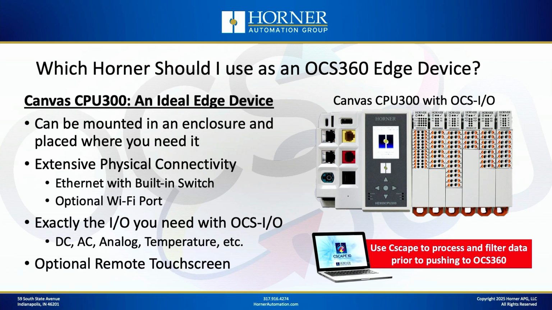And then one thing I want to talk about, and this applies not only, of course, to the CPU 300, but also to the X5 Prime on the previous slide, and that is they both can use Cscape to process and filter your data, your machine data, prior to pushing it to the cloud. So maybe with an existing cloud device or a third-party cloud device that's just designed for pushing data, it has some sort of language or approach for processing data before pushing it to the cloud.